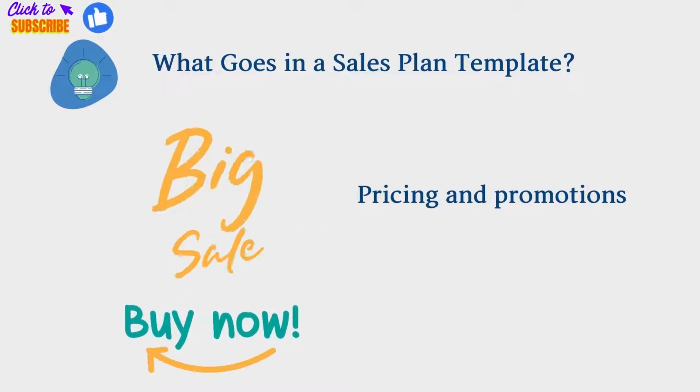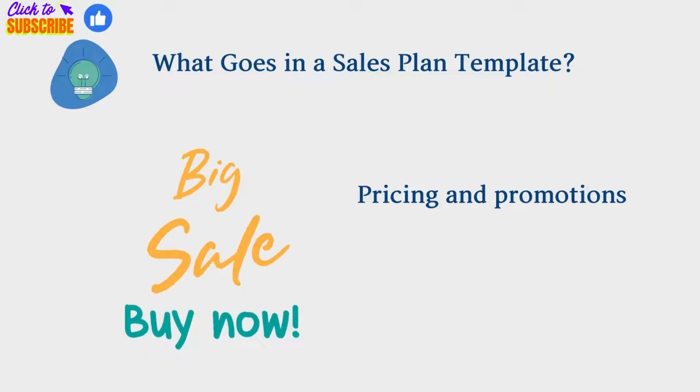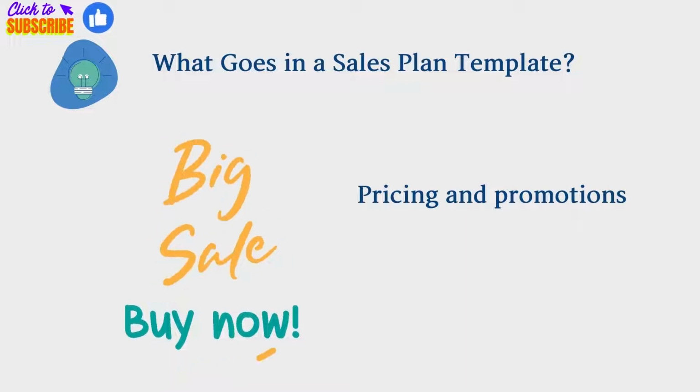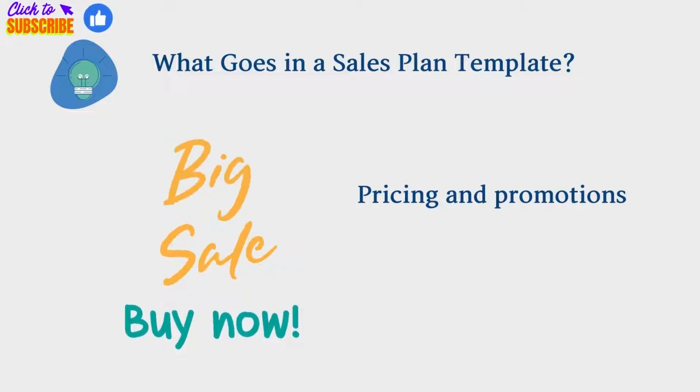So here you must have documentation of your offerings' prices and any upcoming promotions that can convert customers. So for example, once a month you will have a discount sale, or like, for example, on online platforms, they always have 11/11 like that. So it depends on your pricing and also the promotion.